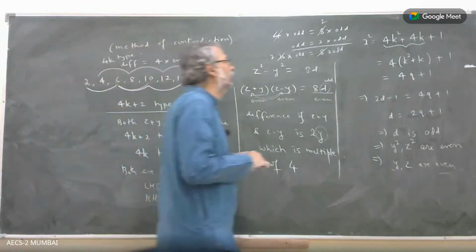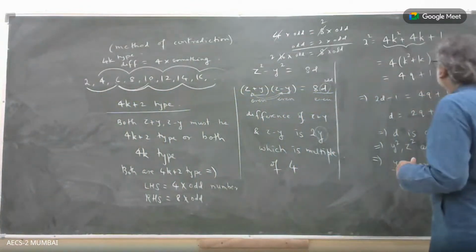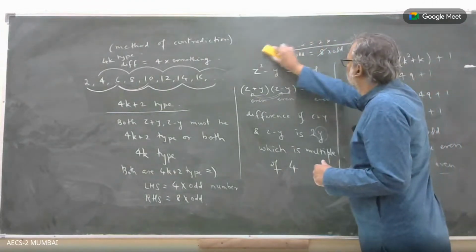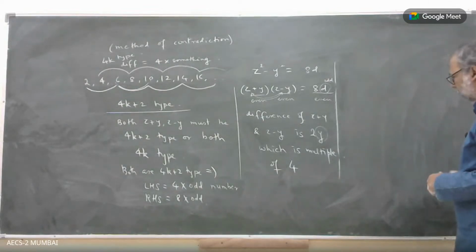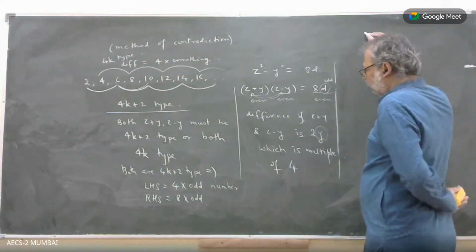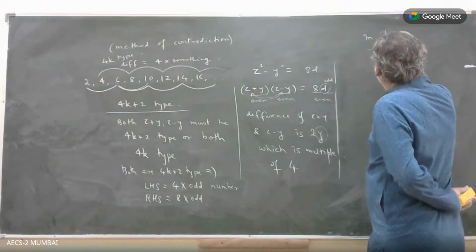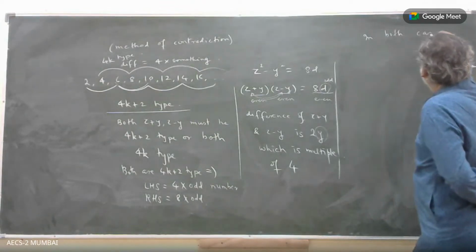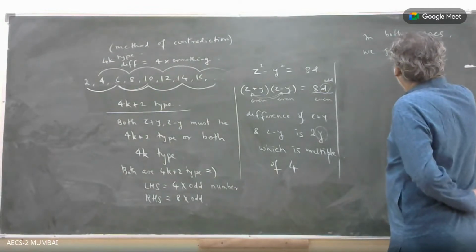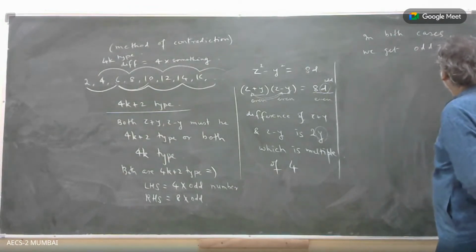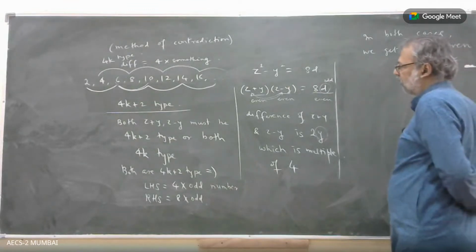Where should I write now? Okay. So in both cases we get an odd number equal to an even number. Odd equal to even. Okay?